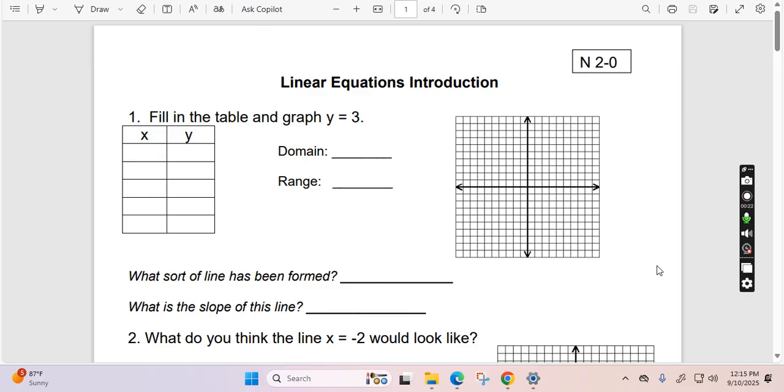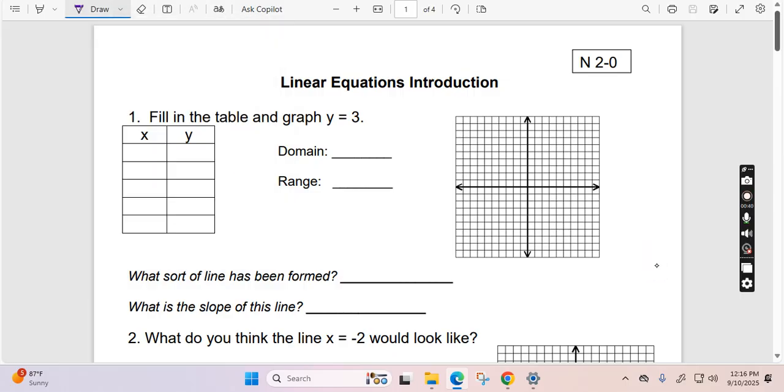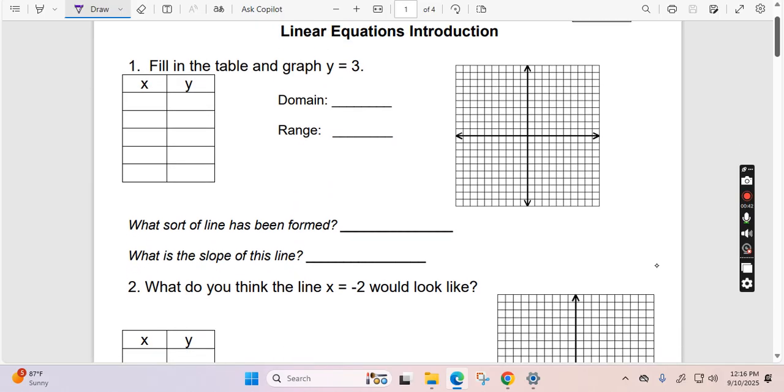All right, so linear equations, okay? What does linear mean? Line. Line, okay, so it means it's going to go in a straight line, right? All right. What else do we know about linear? Y'all did linear equations last year.